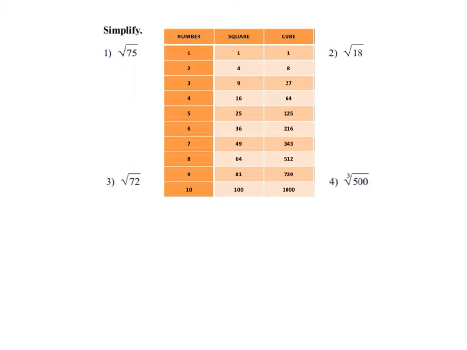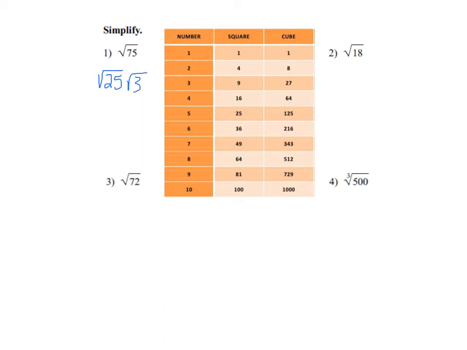And so what we're looking for is something that would square root nicely. So on number 1 here, I'm looking at this number 75, and I'm going to try to break it down into something, but I want to pull out some part of a perfect square. So when I look at that, well, 25 will go into 75. So what I do is I break that down into the product of the square root of 25 and the square root of 3.